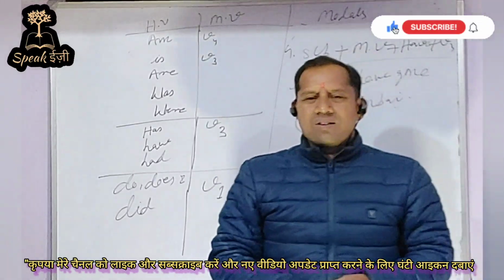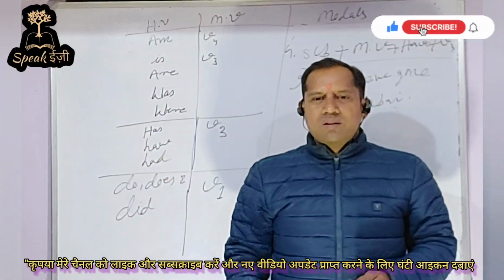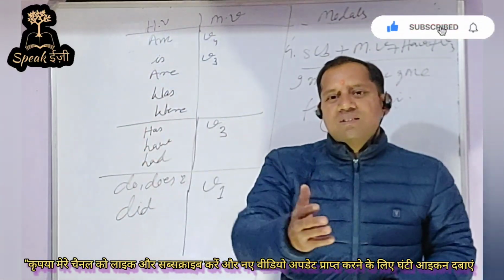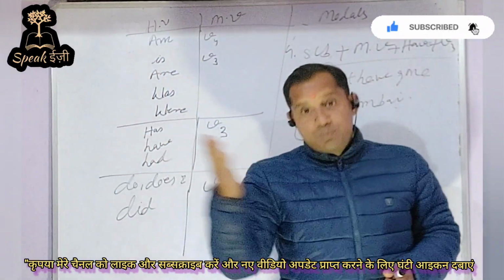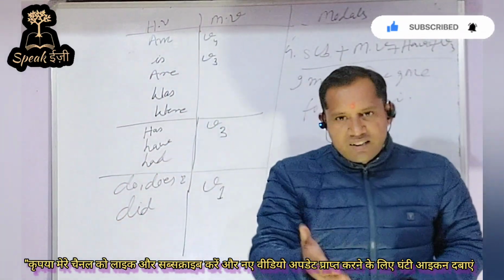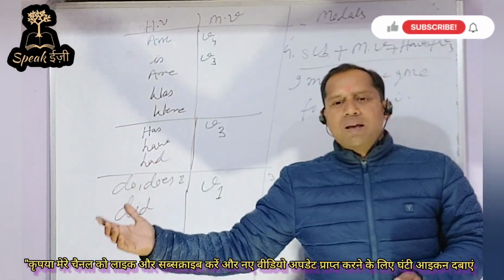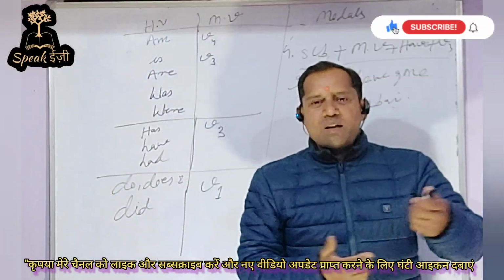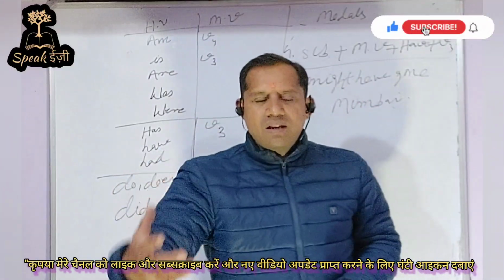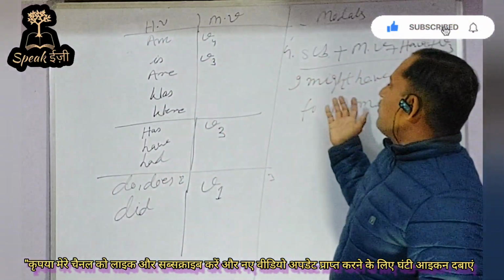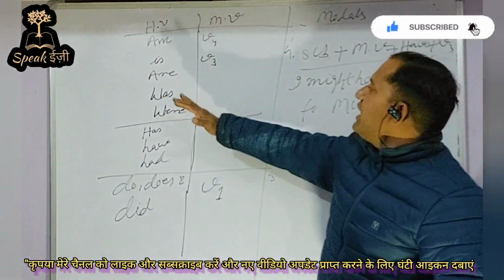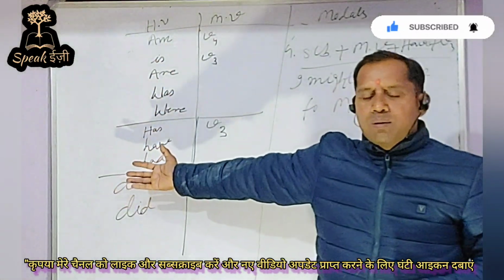Suppose I write, this can be a pen, this can't be a pen, or this cannot be a pen. Can this be a pen? Can't this be a pen? Yes, this can be a pen. No, this can't be a pen. What can be this? This can be a pen. In the same way, we can use any other modal verb. We can use any other primary auxiliary verbs.